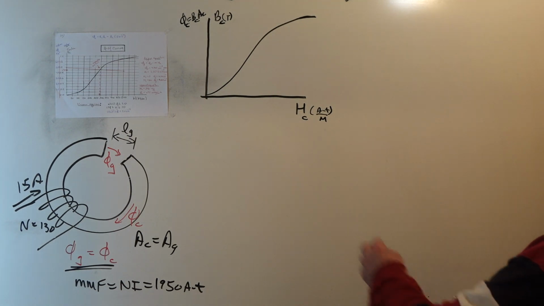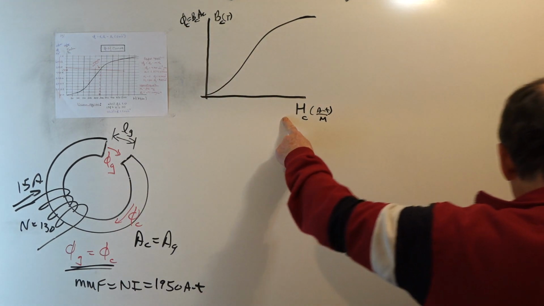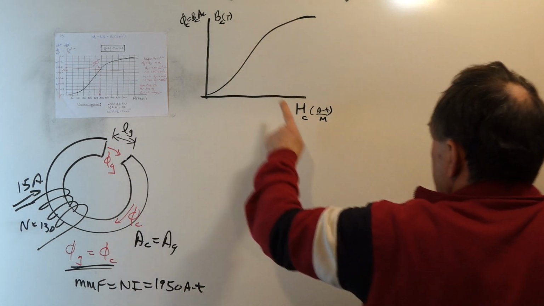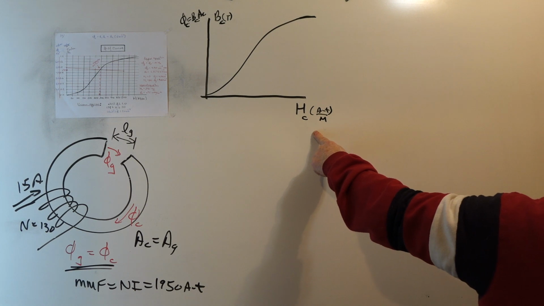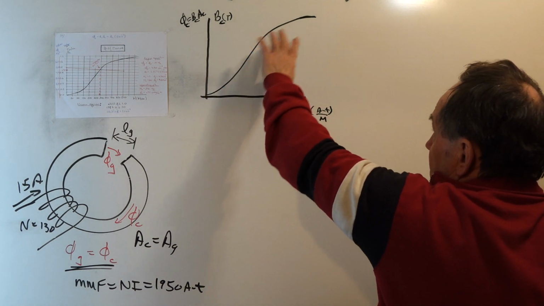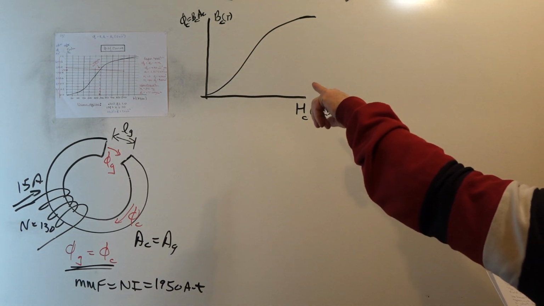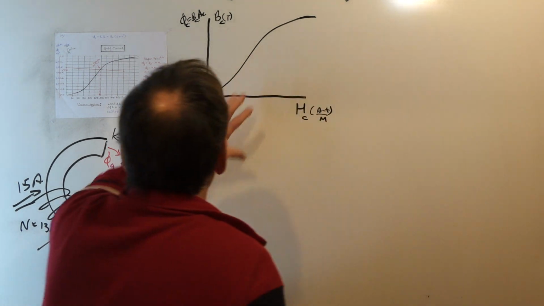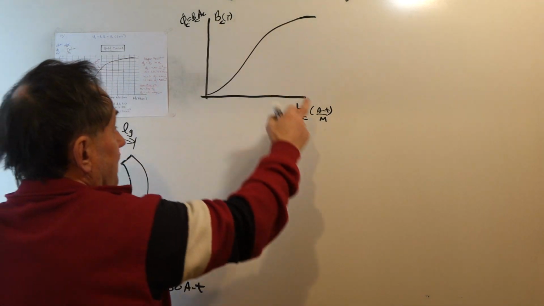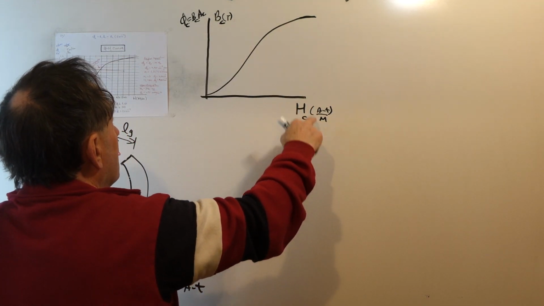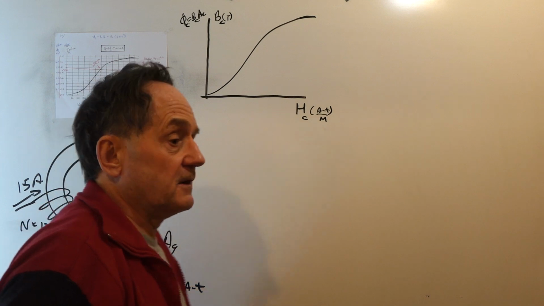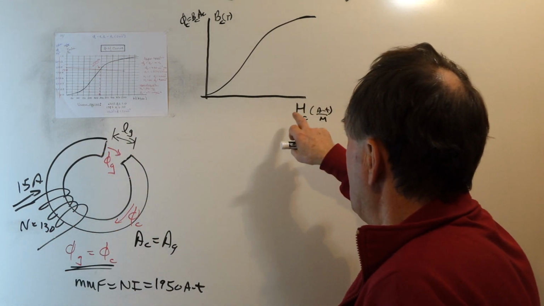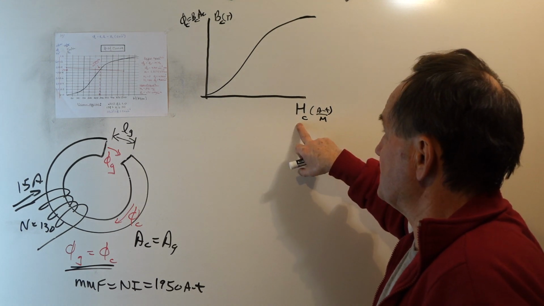Now, once we have the flux in the core versus the H field in the core, rather than the B field versus H, which the BH curve represents, we can plot on this graph the flux in the gap as the H changes.